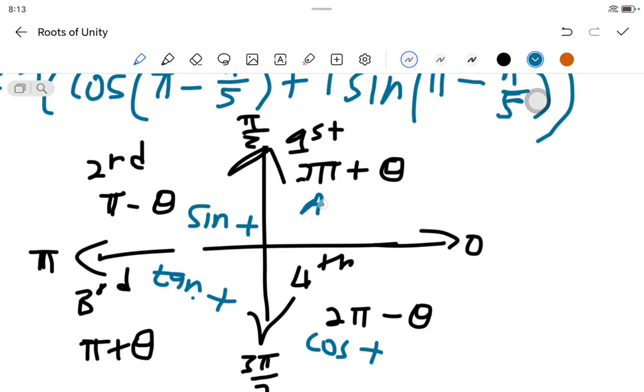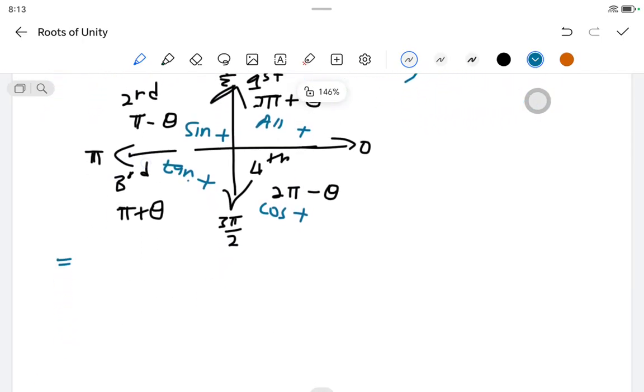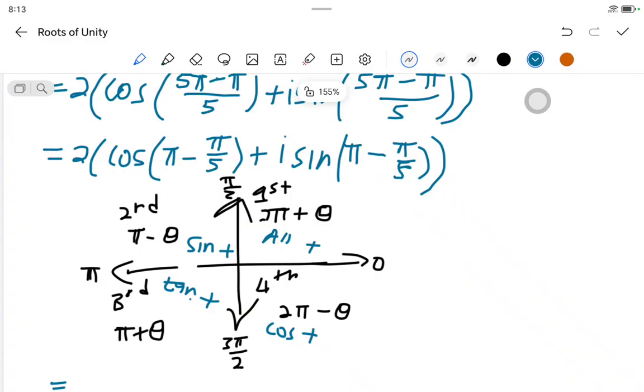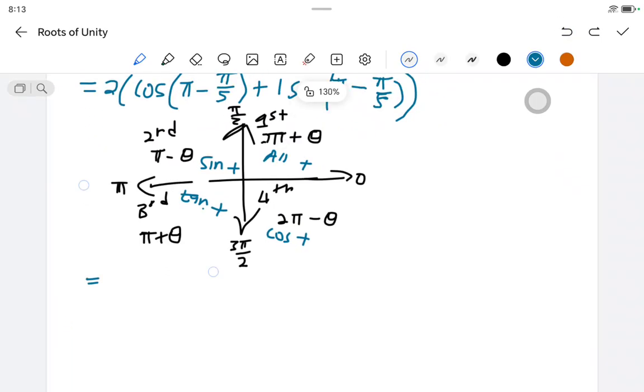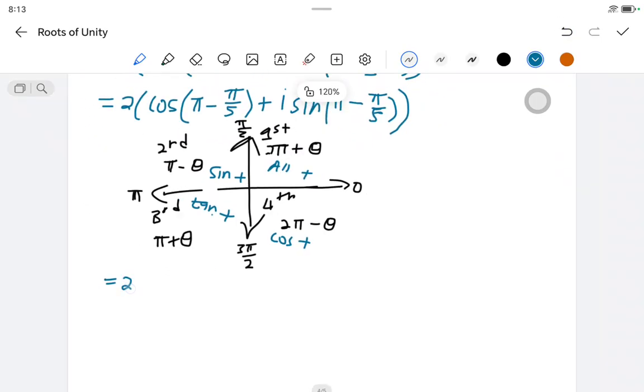And here they're all positive. So now we say that we're in the second quadrant. It means that this one will be positive, this one will be negative. So the answer will be negative 2 cos of pi over 5 plus I sine of pi over 5.